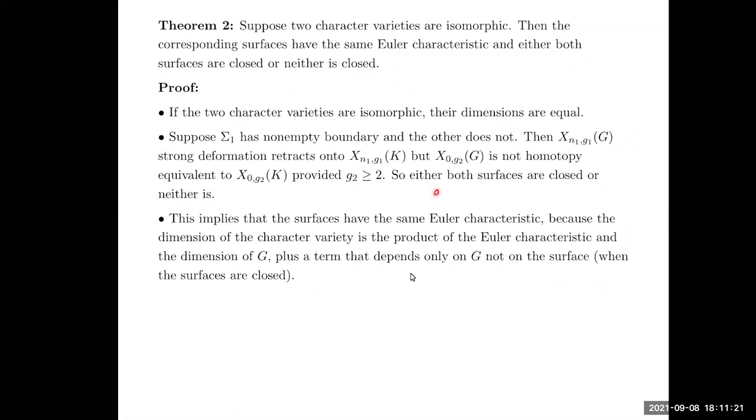So either both surfaces are closed with no boundary or neither is. This implies that the surfaces have the same Euler characteristic, because the dimension of the character variety is the product of the Euler characteristic and the dimension of the group, plus a term that depends only on the group, but not on the surface.